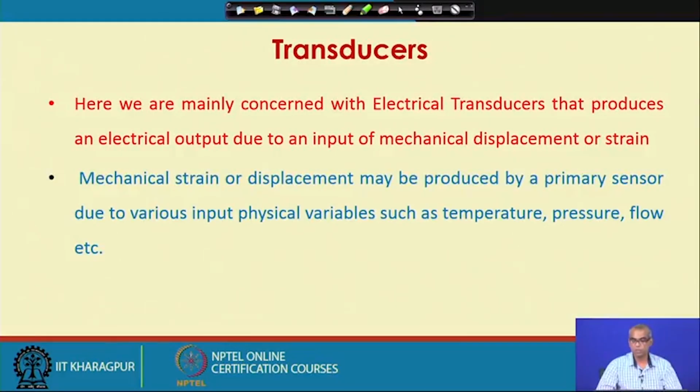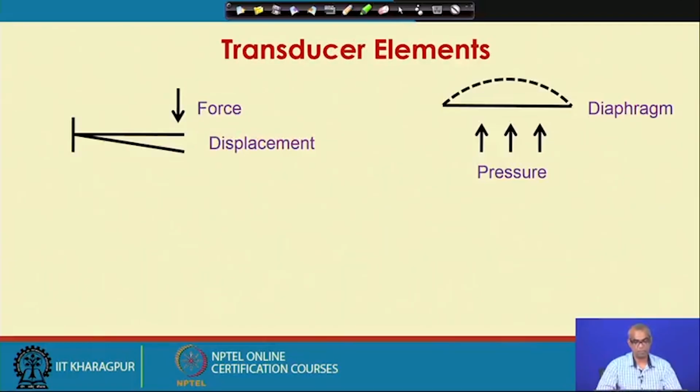Mechanical strain or displacement may be produced by a primary sensor due to various input physical variables such as temperature, pressure, flow, etc. For example, we have talked about this diaphragm gauge.